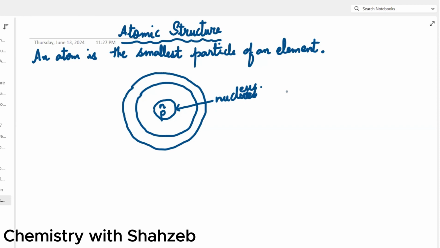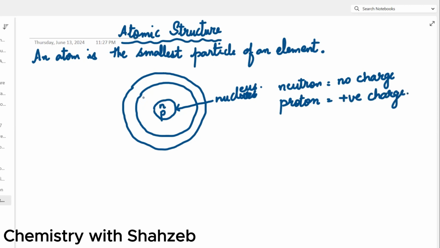The neutrons carry no charge. They are neutral. And the protons, which are also present in the nucleus, carry positive charge.